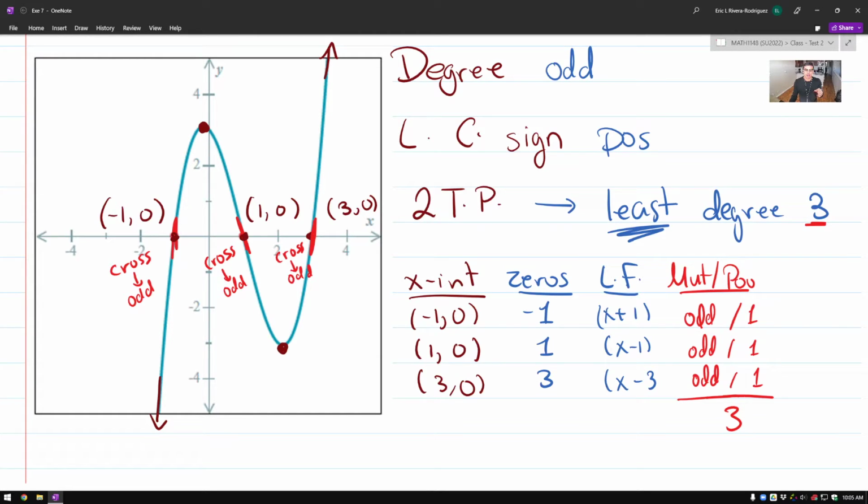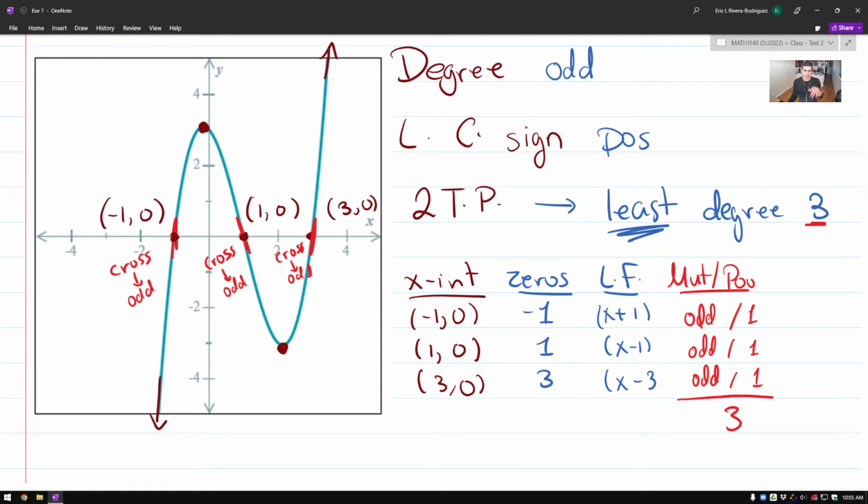If one of these zeros is an x-intercept where the graph just touches or bounces at the x-axis, then that power needs to be even.